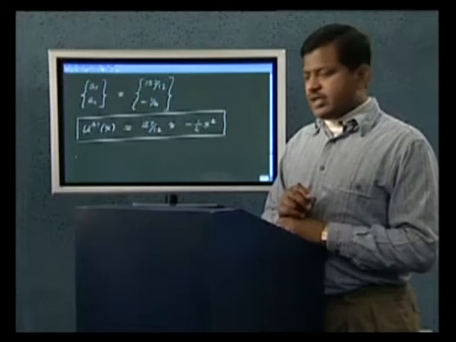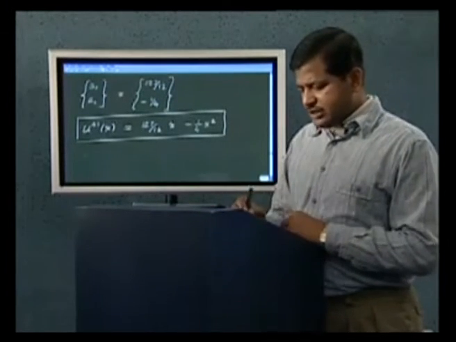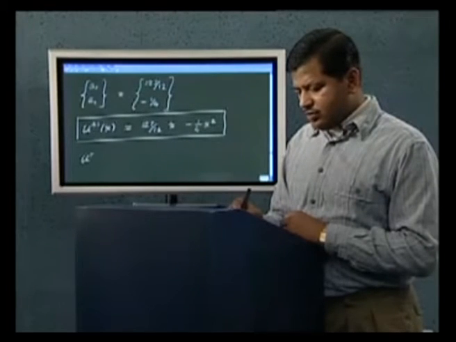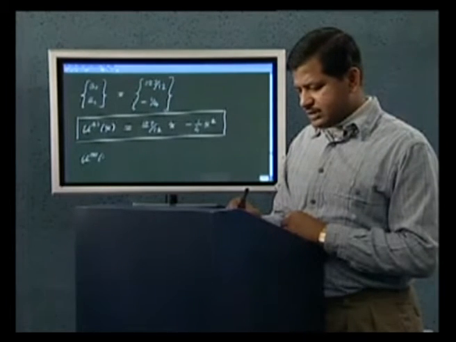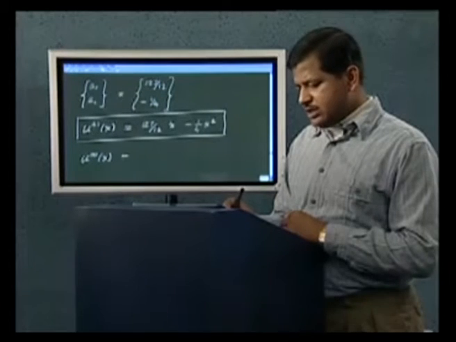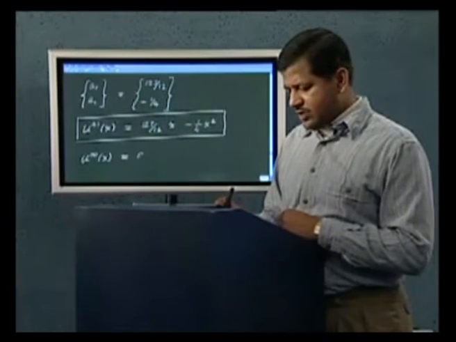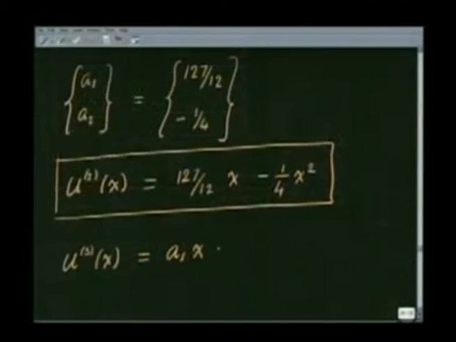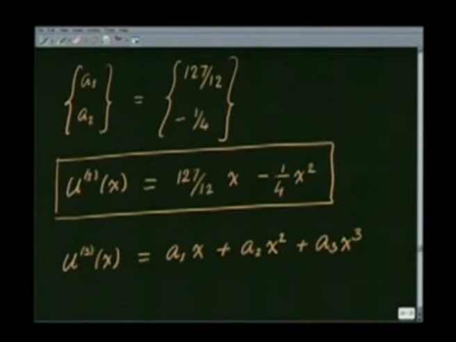Similarly, if I now take three terms, that is, I would like to have u3 of x equal to a1 x plus a2 x squared plus a3 x cubed, and again we go through the same exercise.